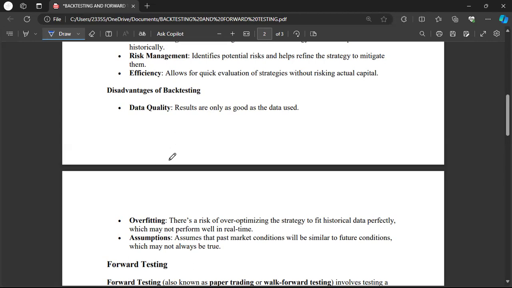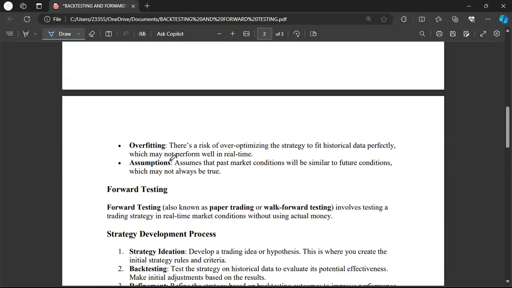Good. Now, 2 is what? Overfitting. There's a risk of optimizing the strategy to fit historical data perfectly, which may not perform well in real time, right? Many a time, because you see, sometimes, in fact, many a time, traders trading demo or backtesting are not honest enough, right?